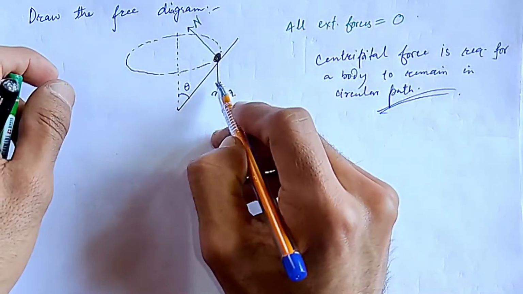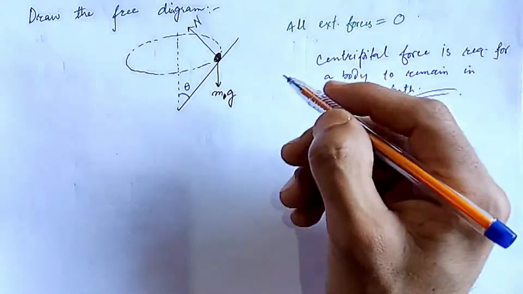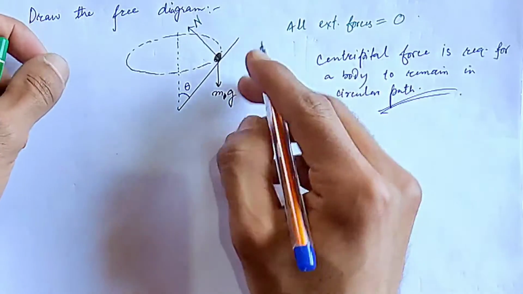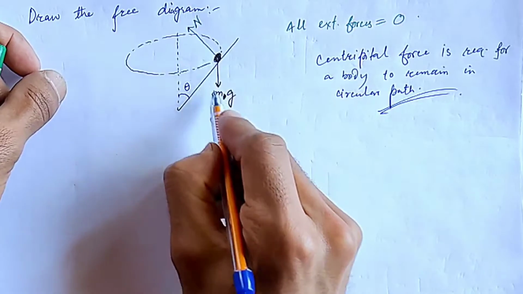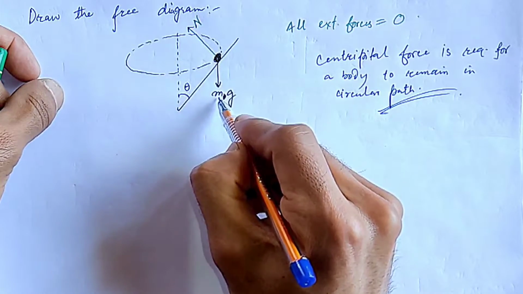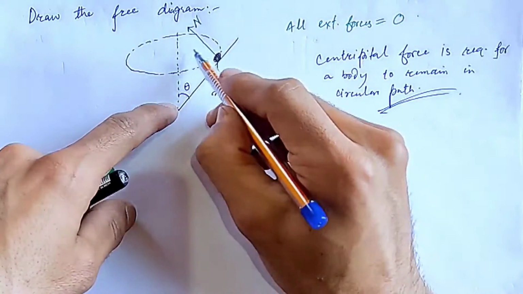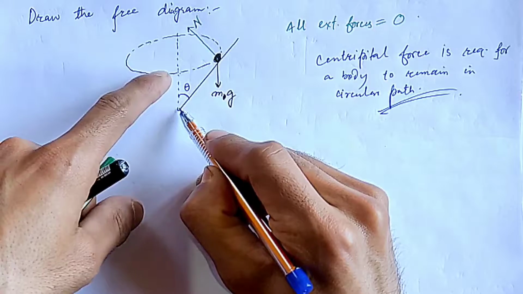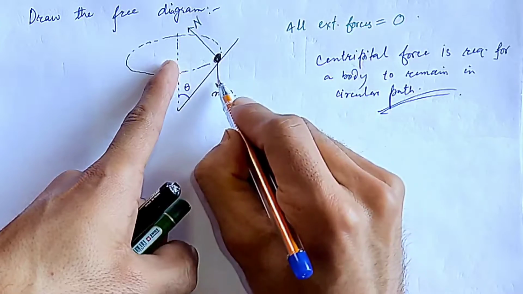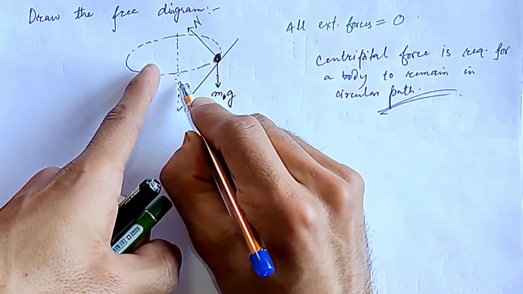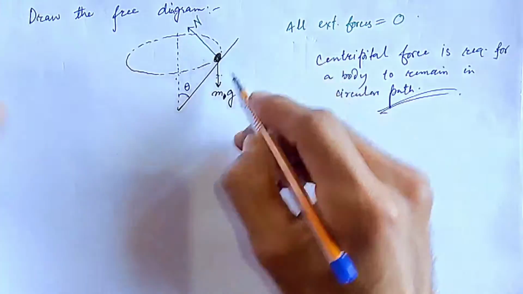So divide these forces into component form. We will get it as follows. This is the normal force, and draw this mg. It will be divided in, first and foremost, this is theta, this is the slant height, this is the direct height of the cone, and this is the downward force mg. These two lines are parallel to each other, and this line is intersecting these two.